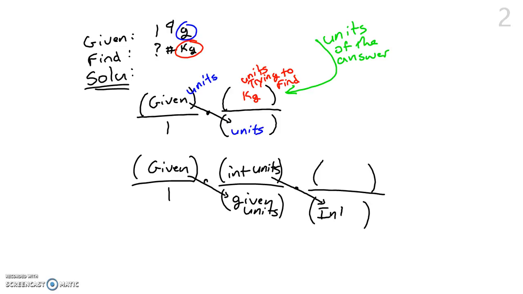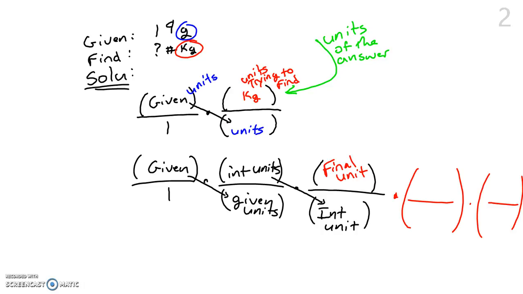So here's another intermediate unit. And then here is going to be our final units that we're looking for. So in this scenario, we can add a whole bunch of these boxes together if we need to, etc. We can put 10 or 12 of these together and make them into one big thing.